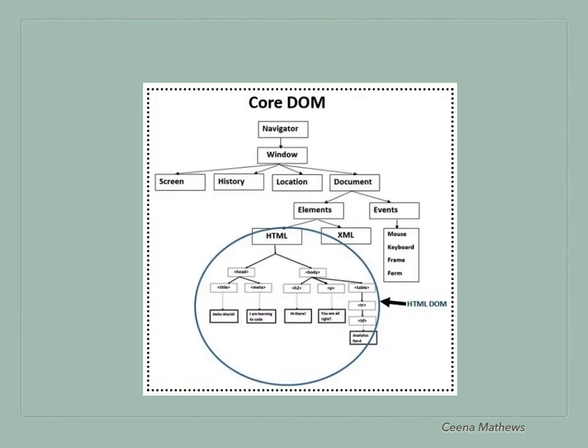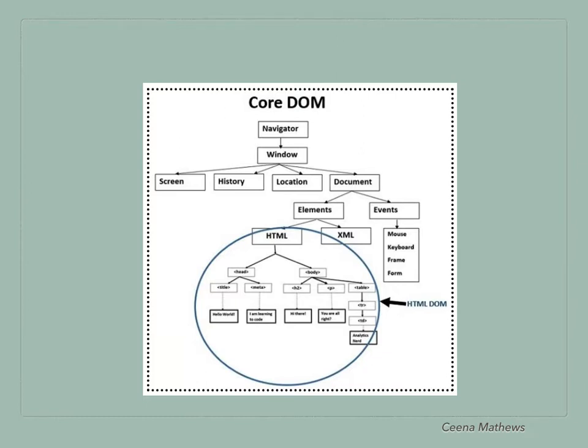This is the tree structure of core DOM, where we have at the root navigator, followed by its child node, window, which has four child nodes: screen, history, location, and document, which are all objects that we use in a browser window.